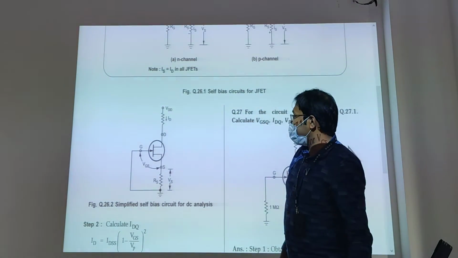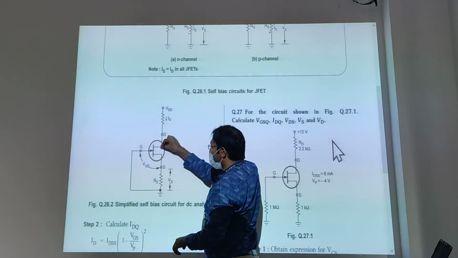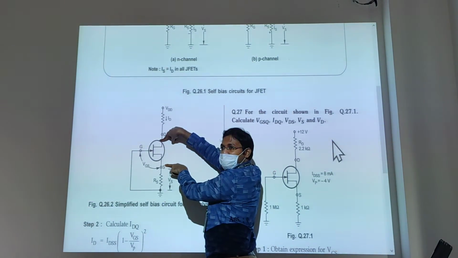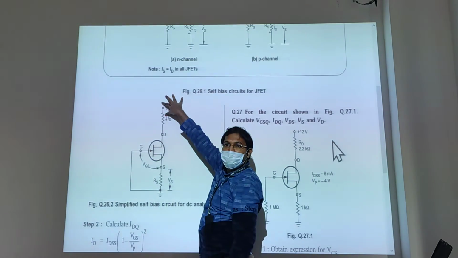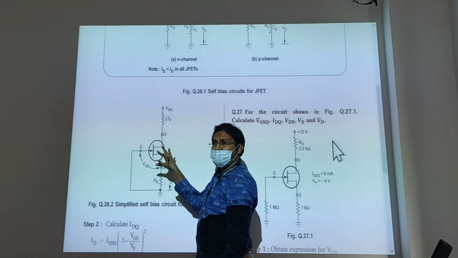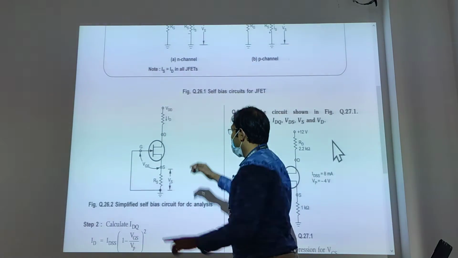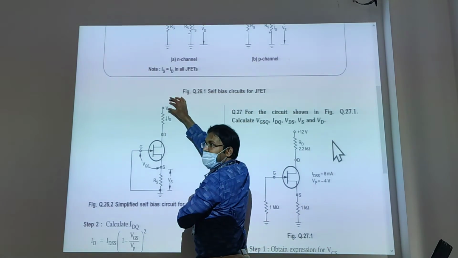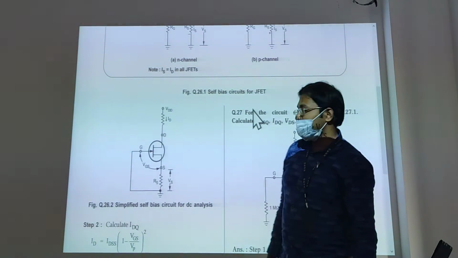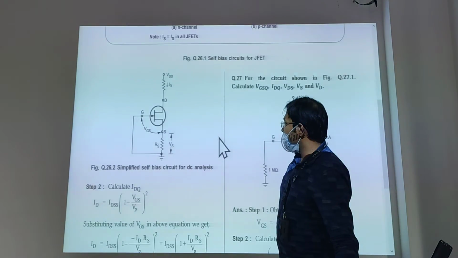This voltage VDS is like father, son, daughter, son. The money that the daughter has is equal to the total money given by the father minus the money taken by one brother minus the money taken by the other. So VDS is VDD minus IDRD minus IDRS.